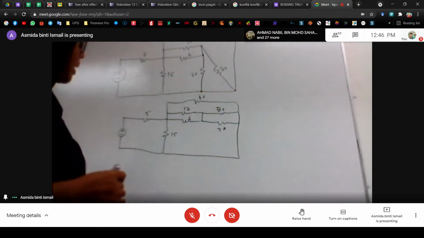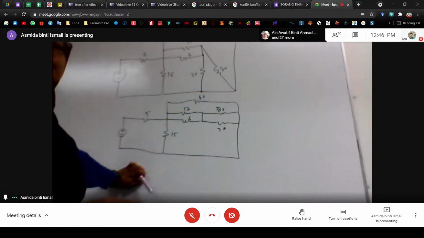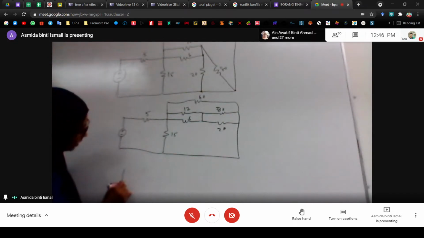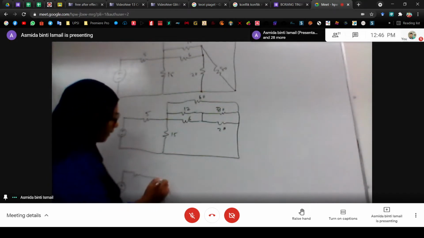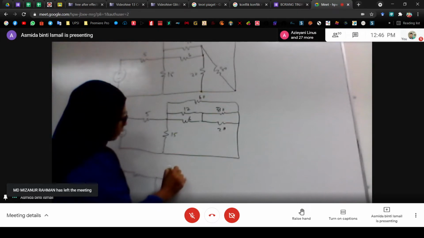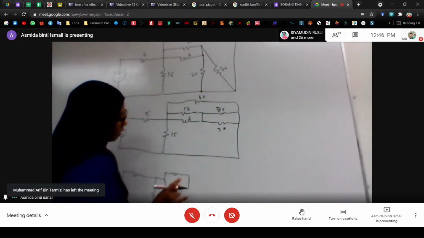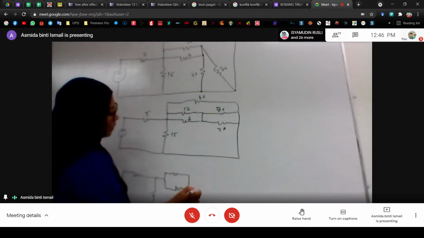Ada yang nampak, dia nampak macam ni. Oh, saya nak lukis dia macam ni. Tak ada masalah, betul? Ada yang like orang lain pula nampak macam ni. Saya is okay.